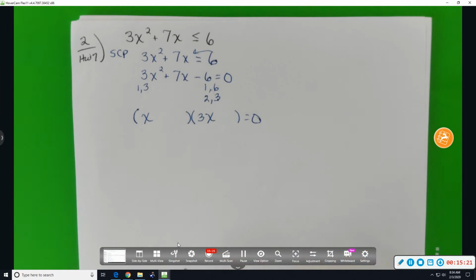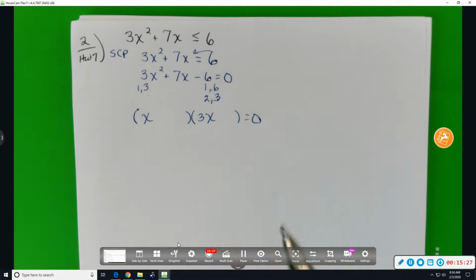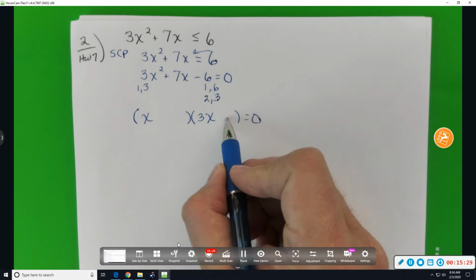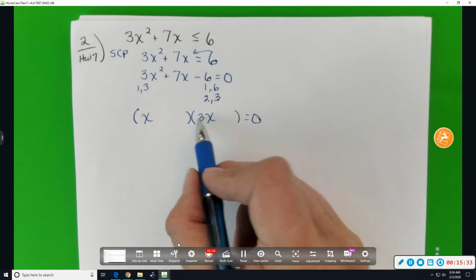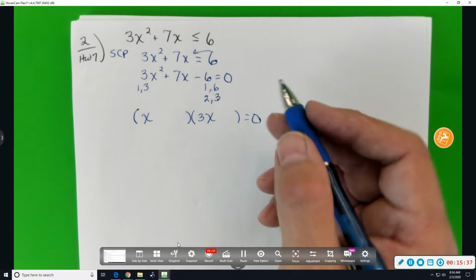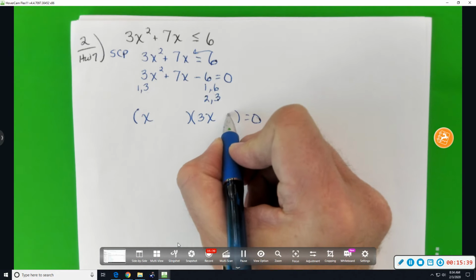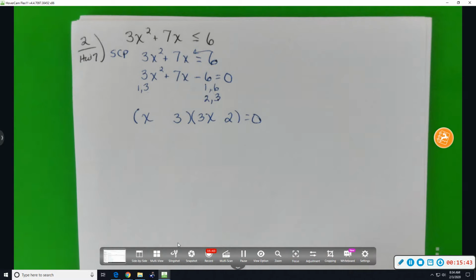And remember, if you're factoring correctly, there shouldn't be any common factors. Which means I can't have the 3 right there, because if you have the same number twice, then you certainly have a common factor other than 1. Every two numbers have a common factor of 1. So I'll try 2 and 3, like that.